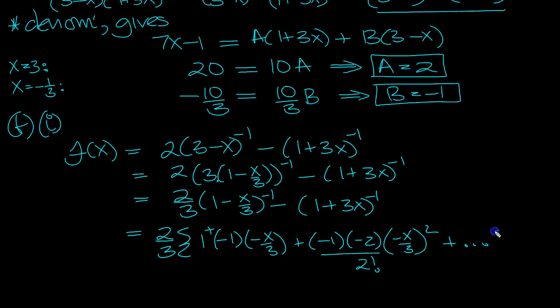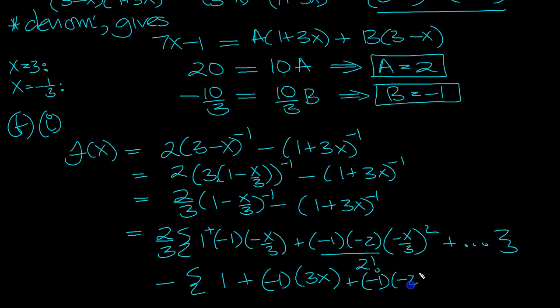So that's this one done. Minus, and then we've got 1 plus n times 3x, plus n times n minus 1 times 3x squared over 2 factorial, plus dot dot dot.